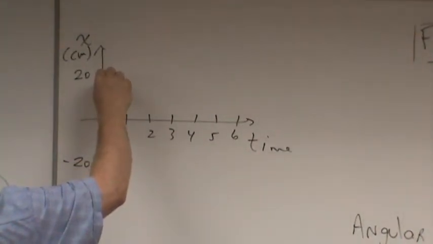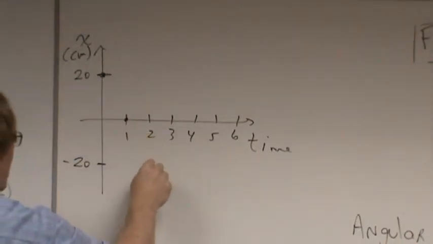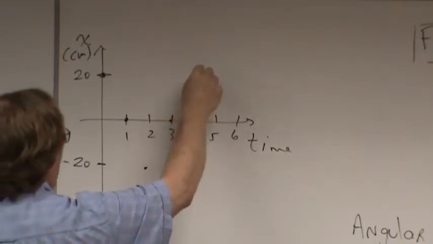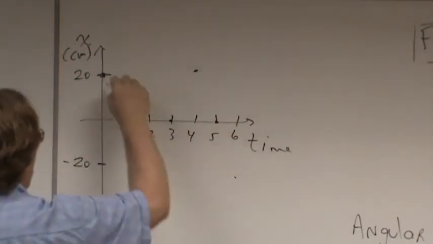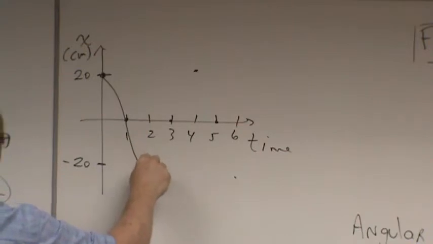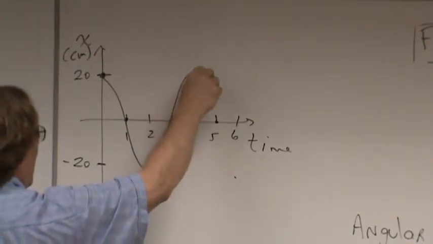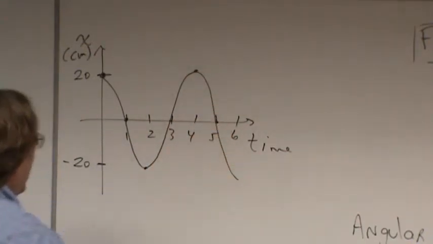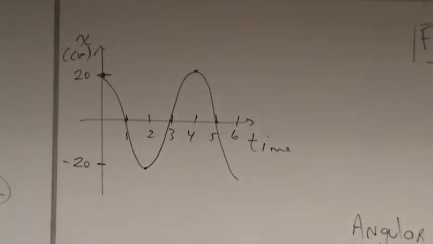And it goes like this. So there's my graph of position versus time of my spring mass system. I'd like you guys to get me the amplitude, the frequency, the angular frequency, and the period. Good luck.